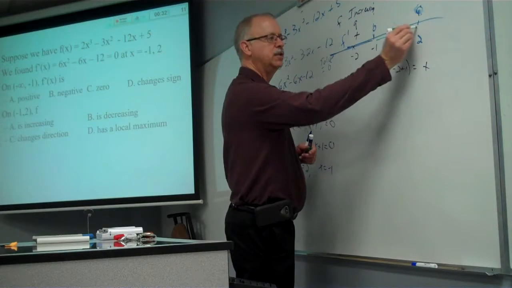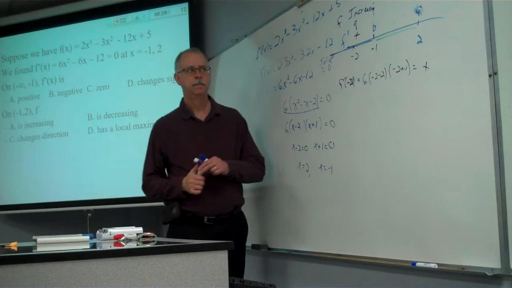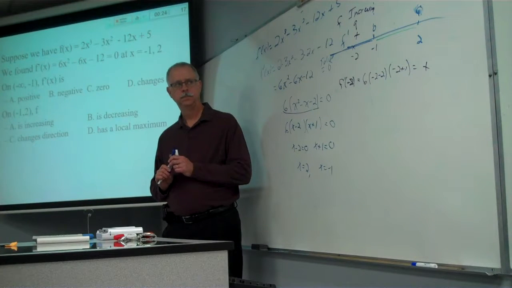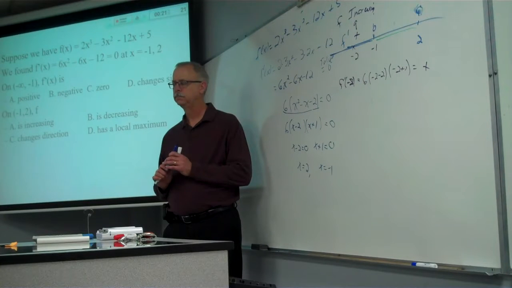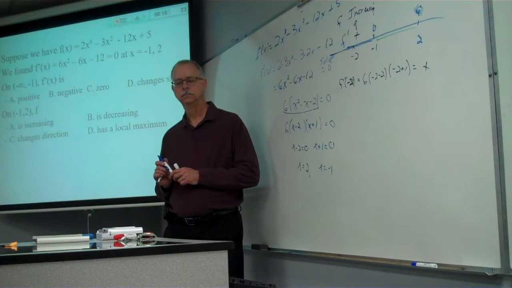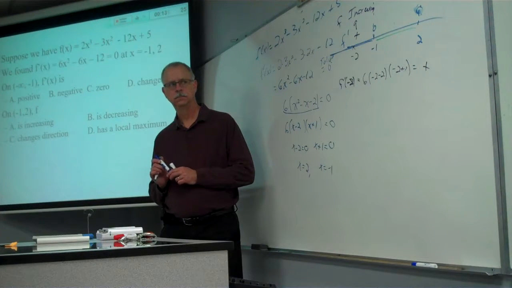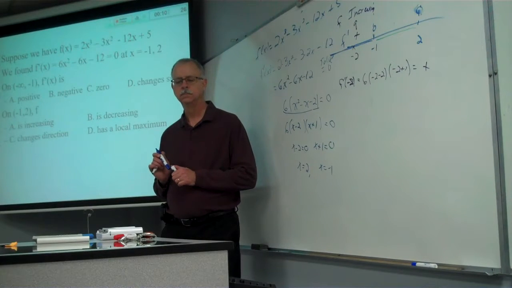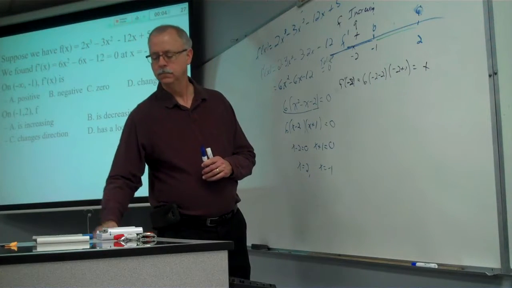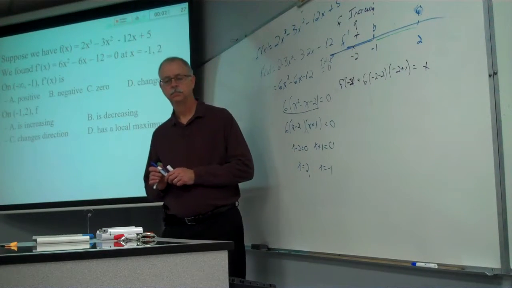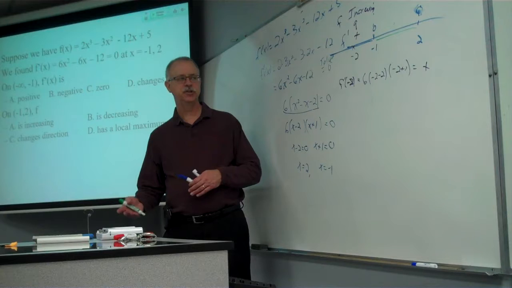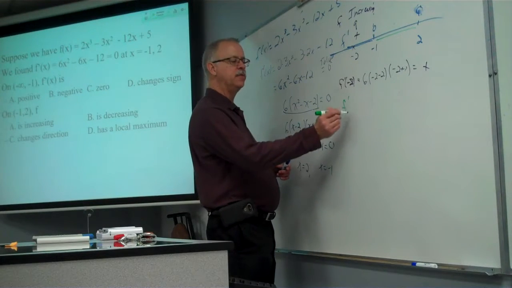So we've moved to this next interval. What's happening here? Well, we don't have the graph to answer this question directly about whether the function is increasing or decreasing, but we can look at the derivative.